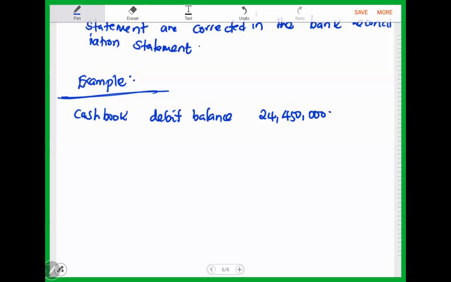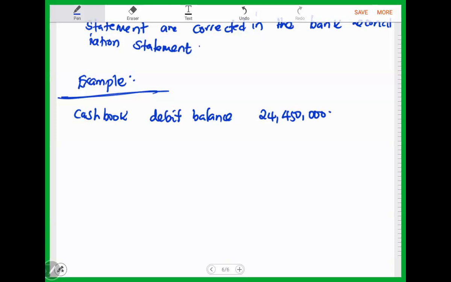Subsequently, the following issues came to light. Note number one, checks amounting to shillings 5 million paid to the suppliers had been entered in the cash book, but had not yet been presented to the bank for payment.